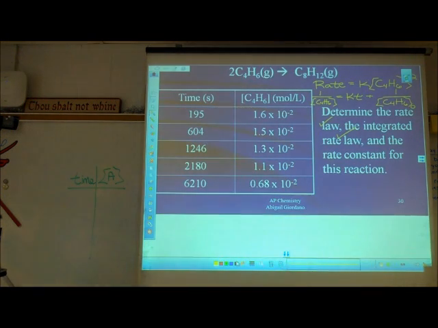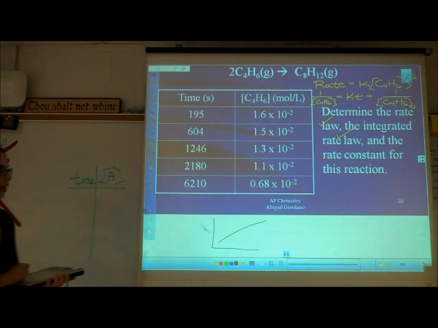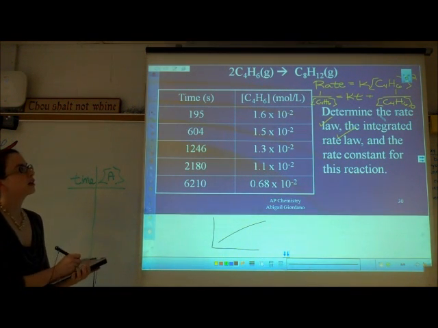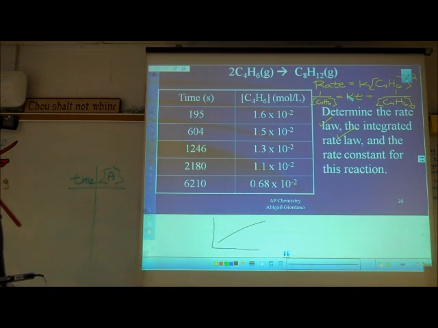But that is correct. On your calculator, you should have a graph that looks something like this, something with a positive slope. Okay? Look at the integrated rate law. If you ever forget, what is the relationship of this line to slope? Y equals M x plus b.